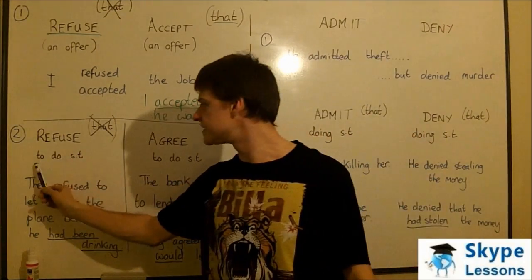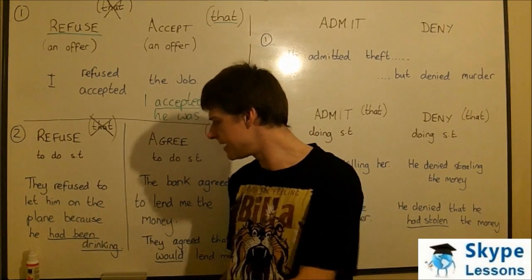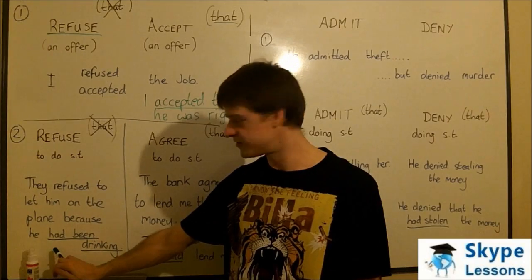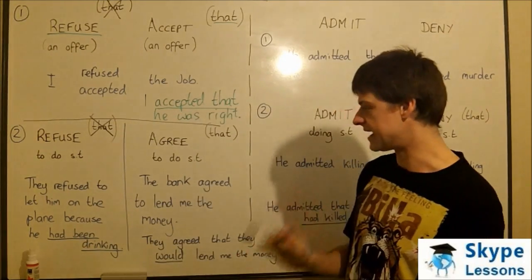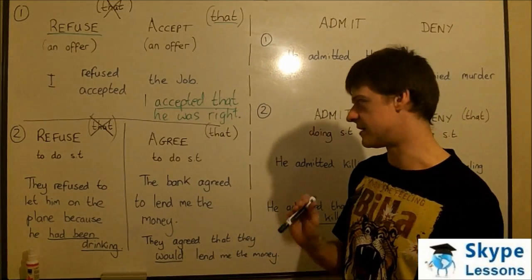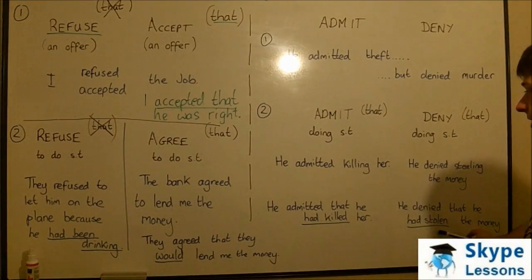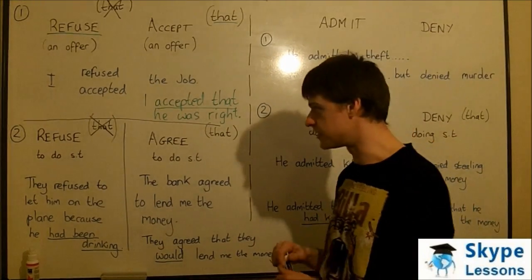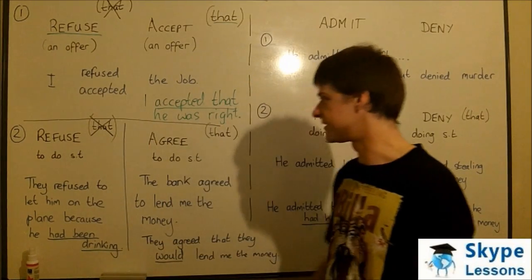So it's refuse to do something. And I want you to notice that we use past perfect down here. We often use past perfect, had done, had been doing, in reported speech, very often. And you will see that we use it over here and over here as well later. Something to remember to help you with tenses: reported speech often uses past perfect.